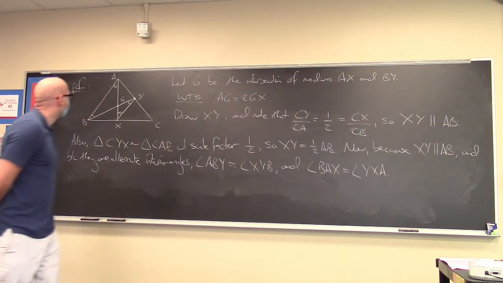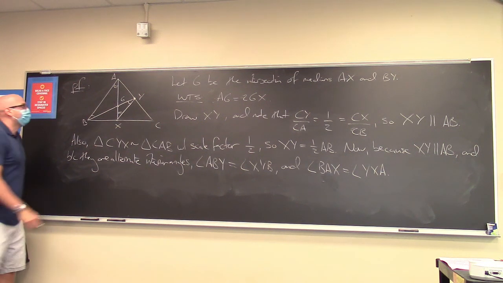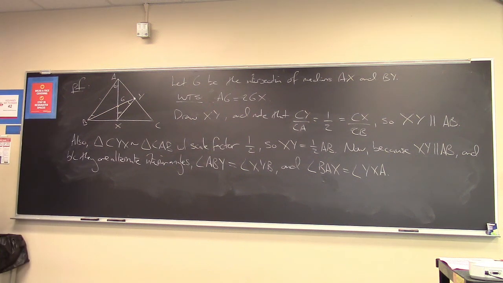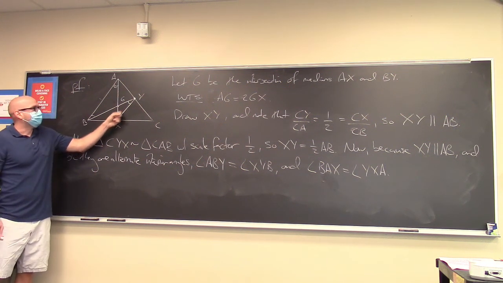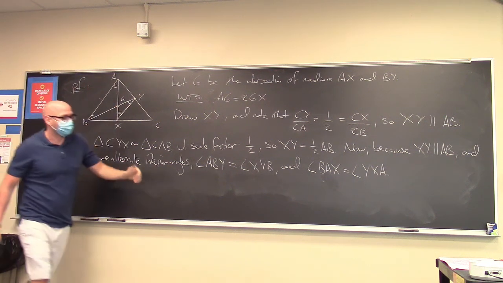I can't remember what I just said. Did I lie to you guys? Did I say ASA? I was thinking ASA in my mind, angle, proportional sides, angle, but of course ASA isn't really a condition for similarity. Well, we don't state it because I don't need ASA, I just need AA, right? If two angles are the same, the third angle must be the same, they're similar triangles.